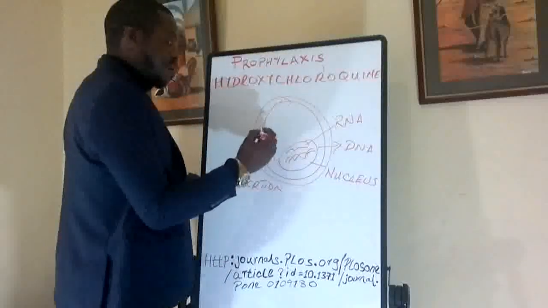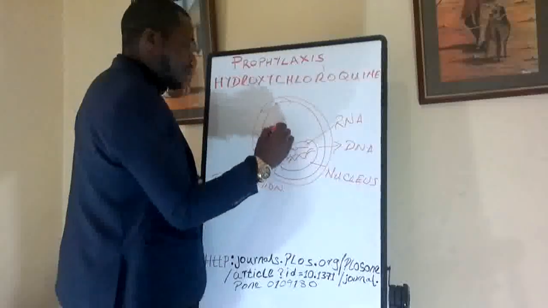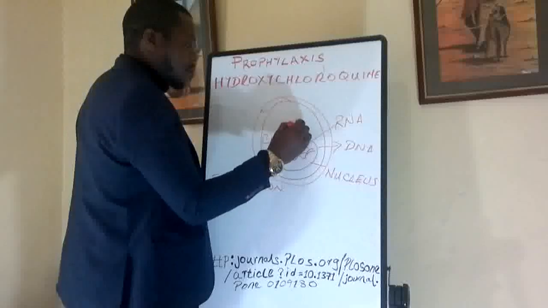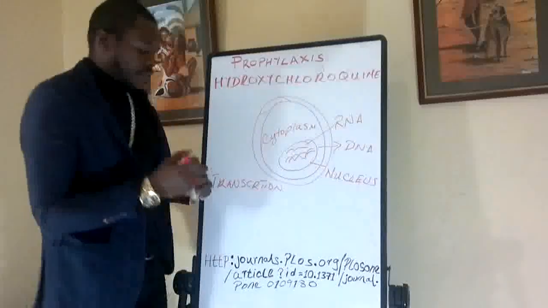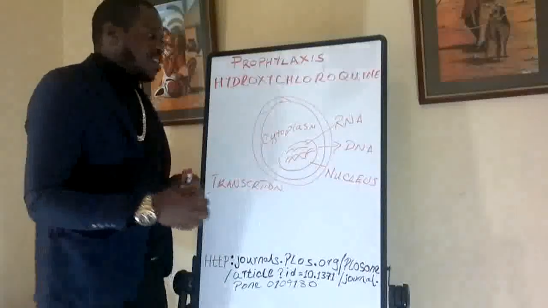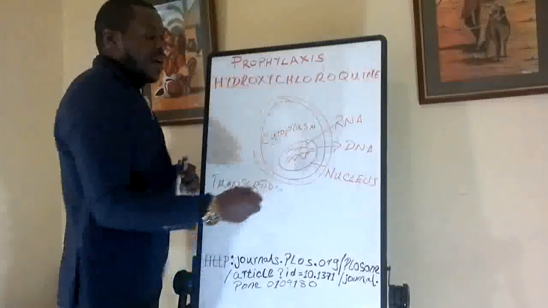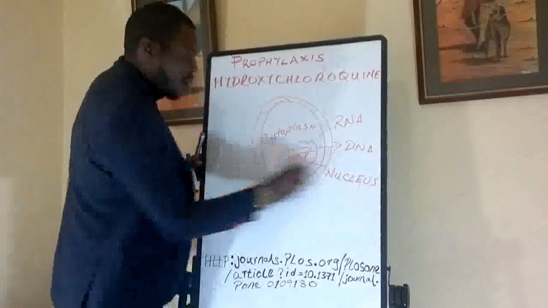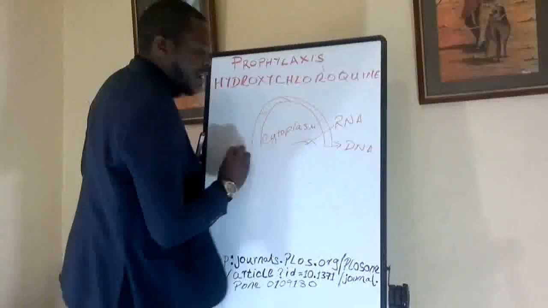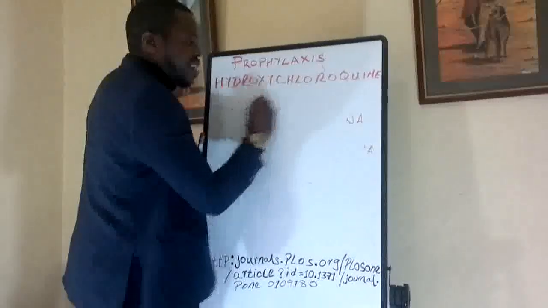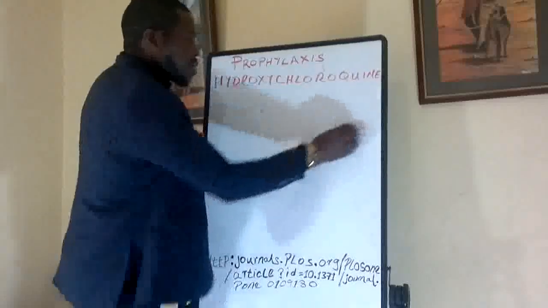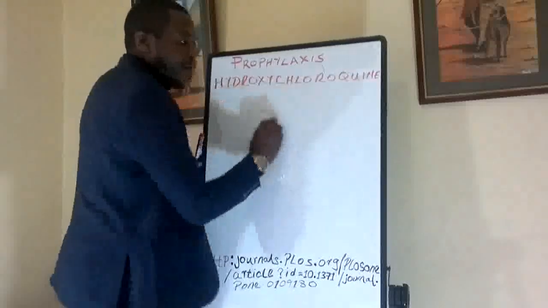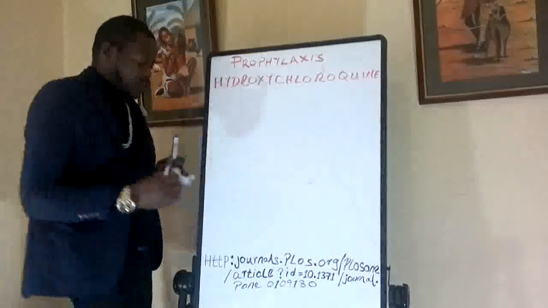And inside the cell, you have the cytoplasm. So what happens is the RNA is released into the cytoplasm of the cell, and there it's modified, whereby there is a poly A tail added onto it and a 5' cap added onto it.